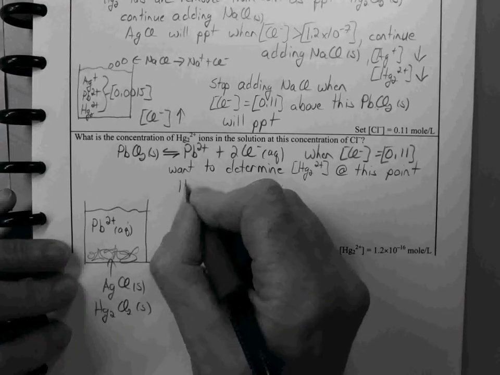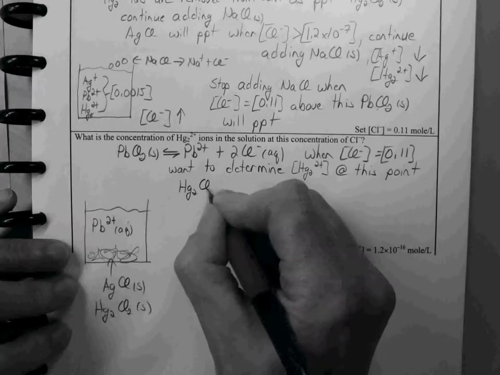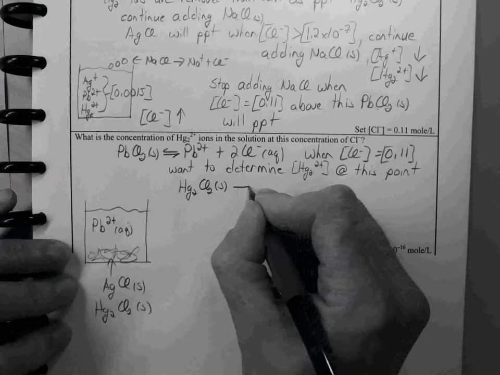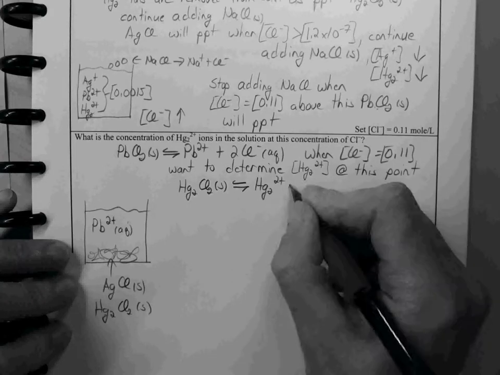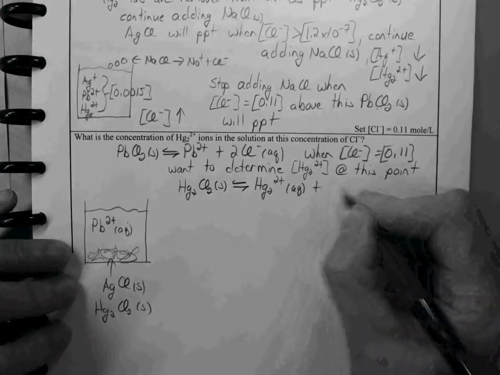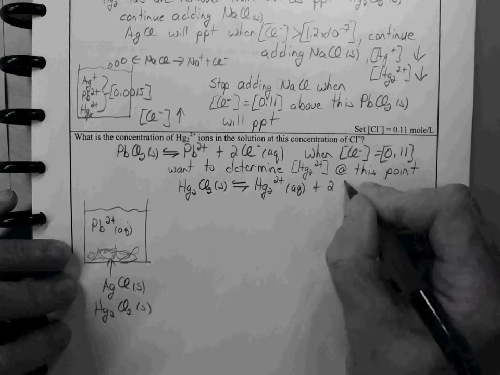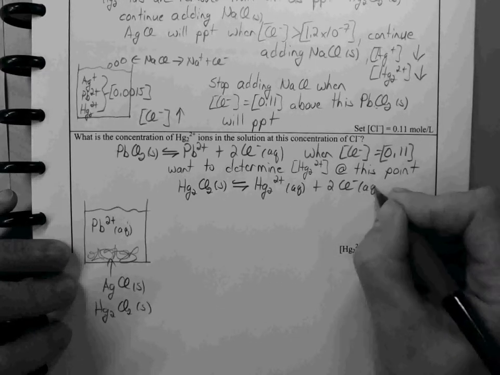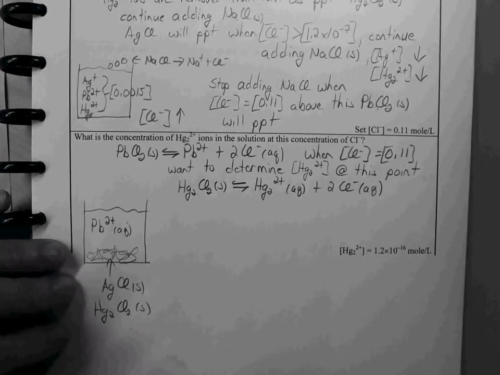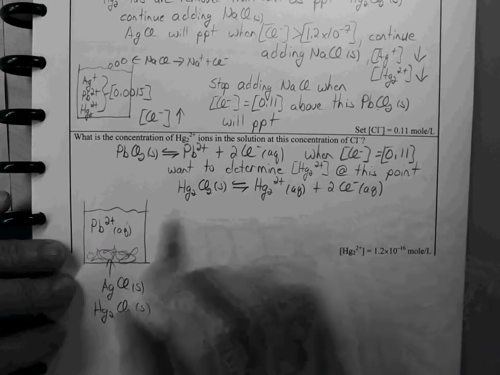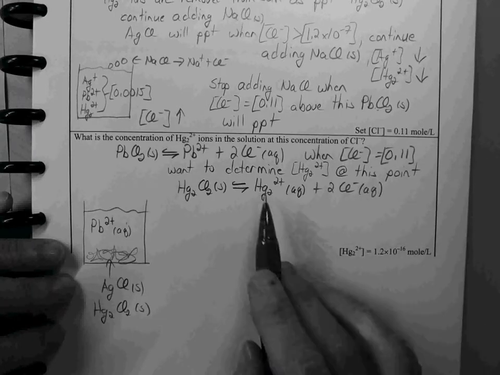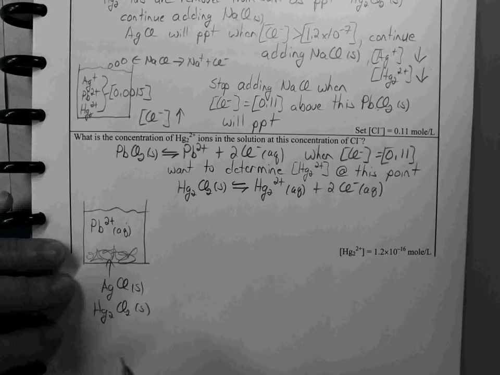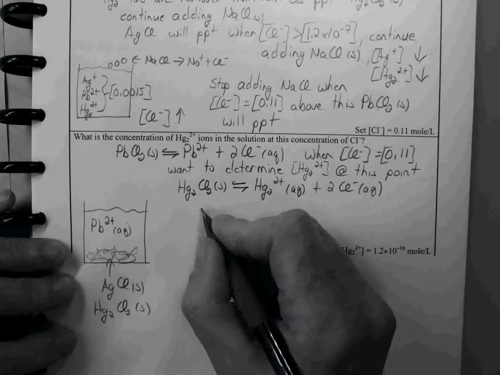So we're looking at the following equilibrium. Okay, in this instance, we know what KSP is. We know what the chloride ion concentration is. We're trying to calculate what the mercury 1 ion concentration is.